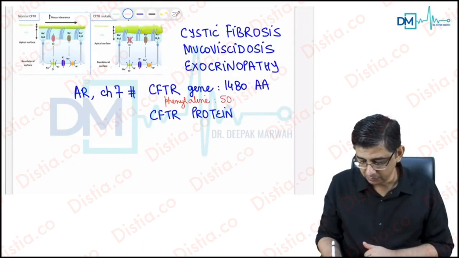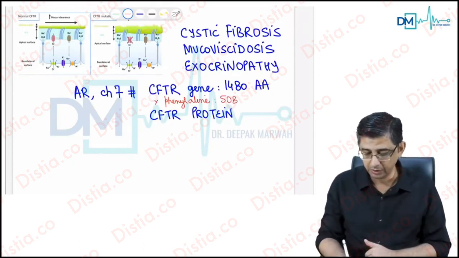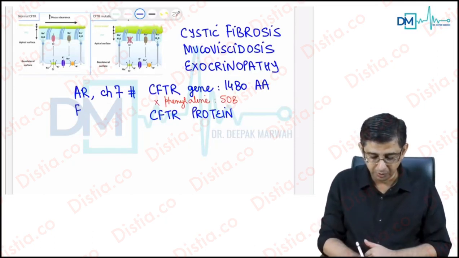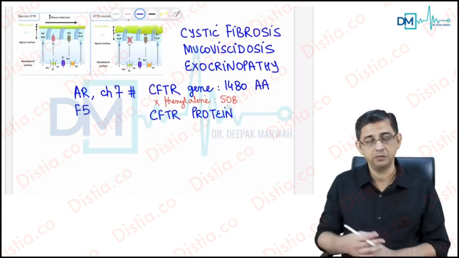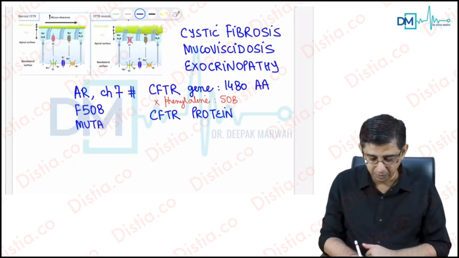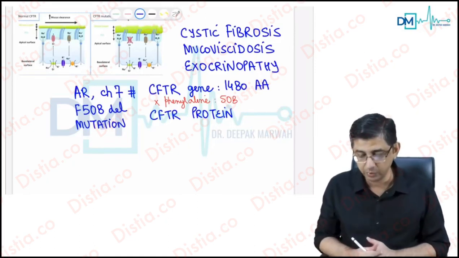What happens in cystic fibrosis is that this phenylalanine at position 508 is deleted, and that is why you would have read in the textbook that the most common mutation, though there are about 1000 mutations documented for cystic fibrosis, is the F508 mutation, which basically means there is deletion of phenylalanine at position 508.